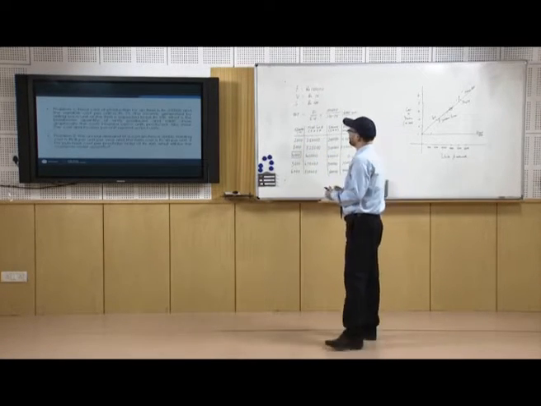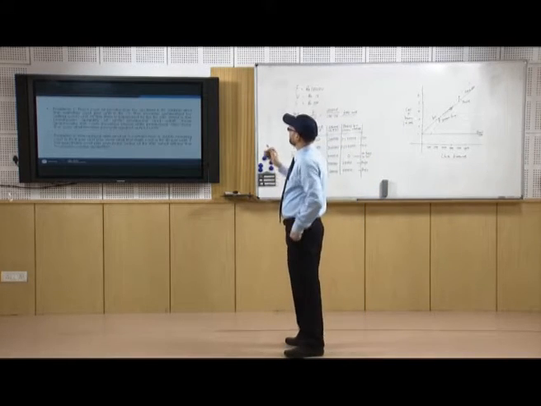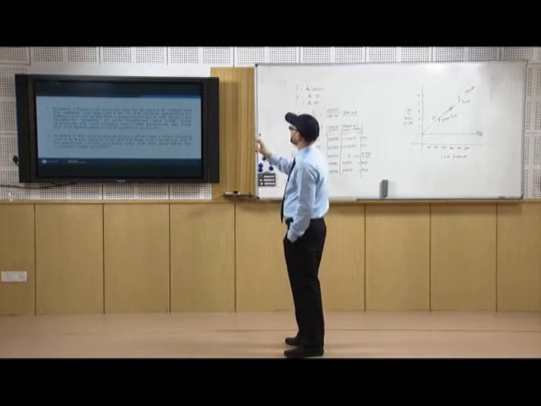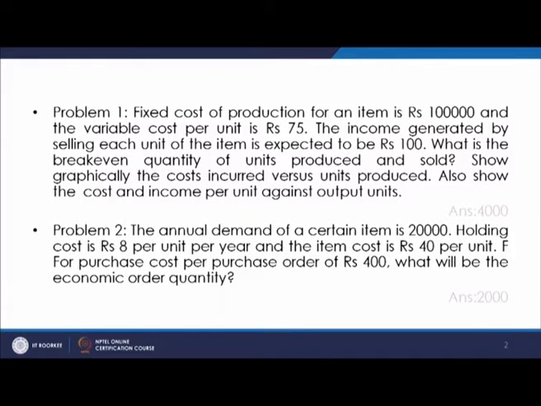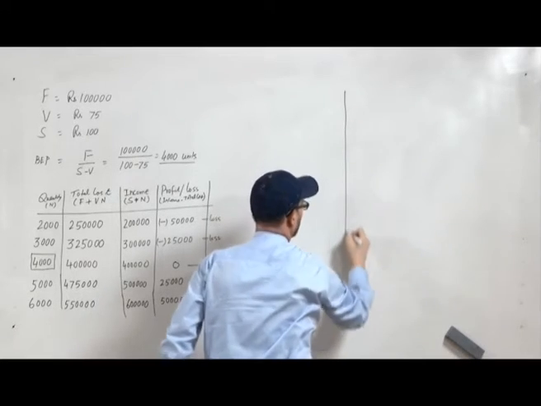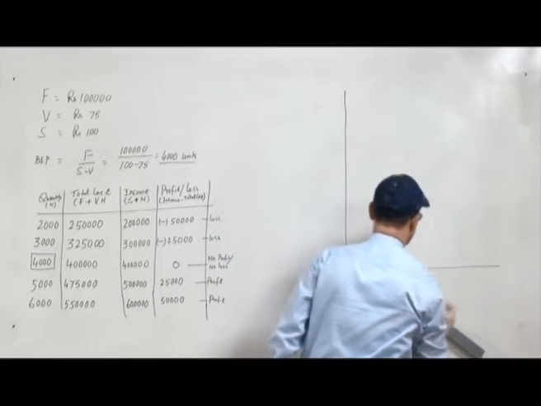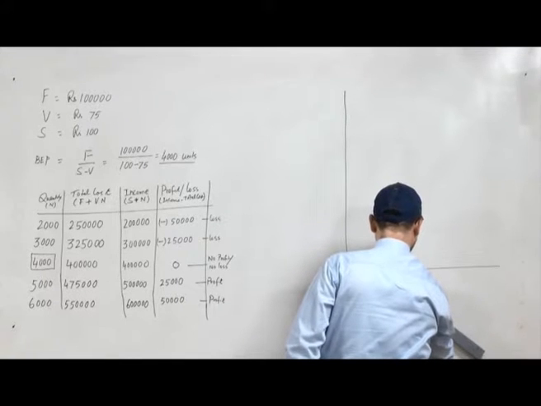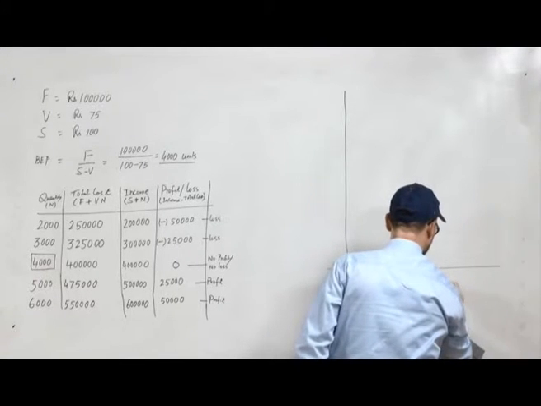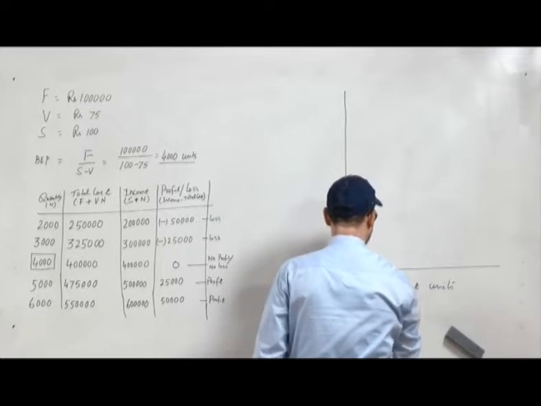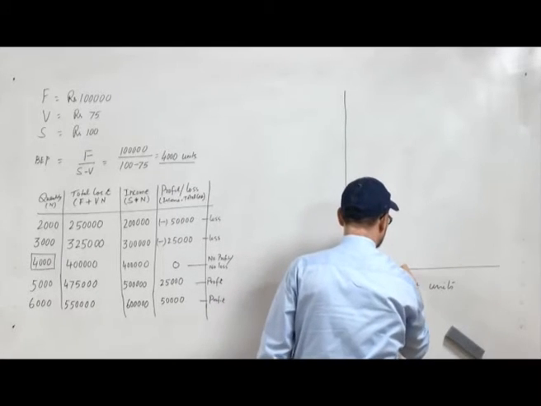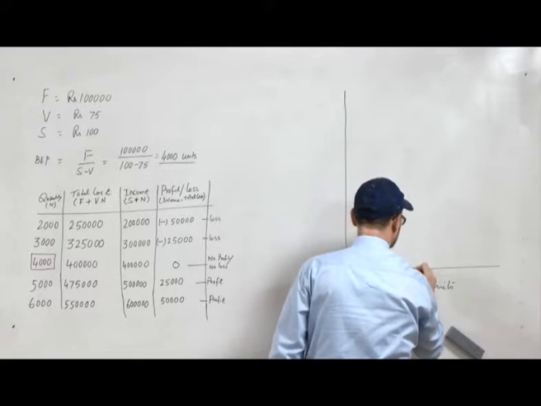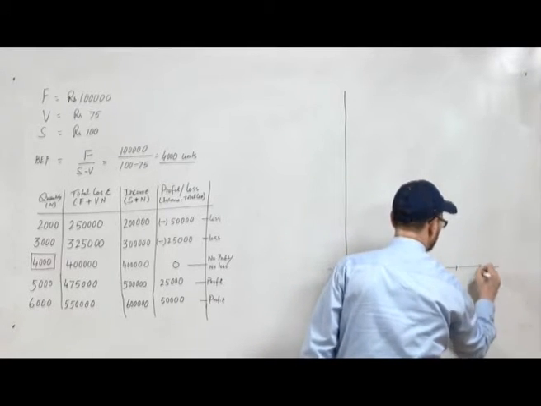Now, let us see, we have to find the graph for cost and income per unit against output units. In that, output units will be 1000, 2000, 3000, 4000, 5000 and 6000.